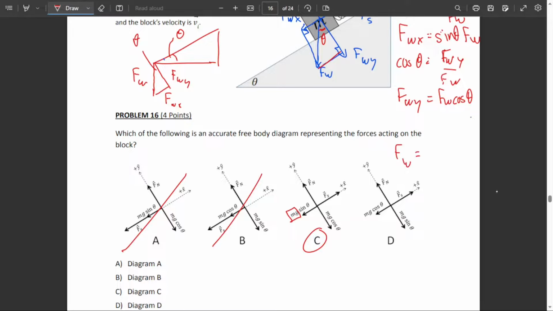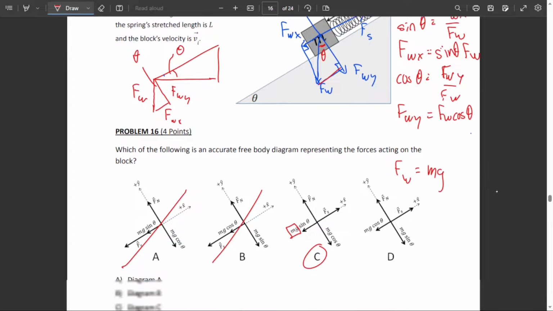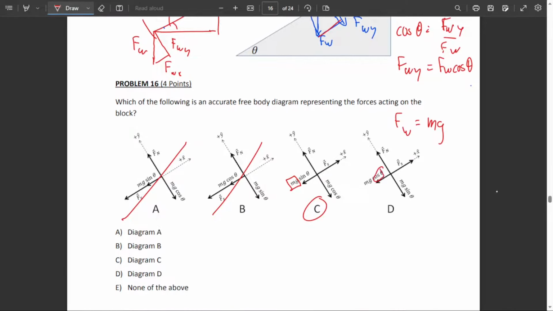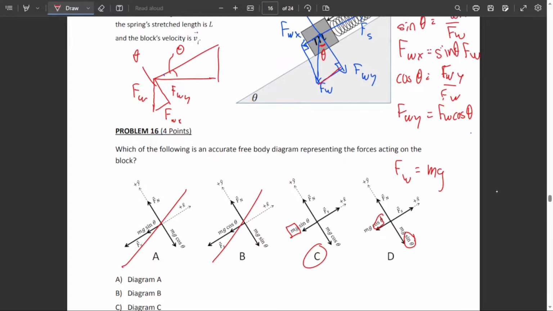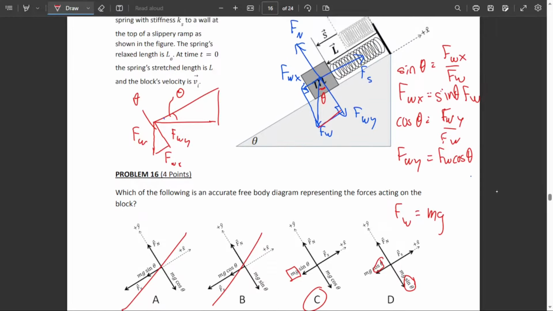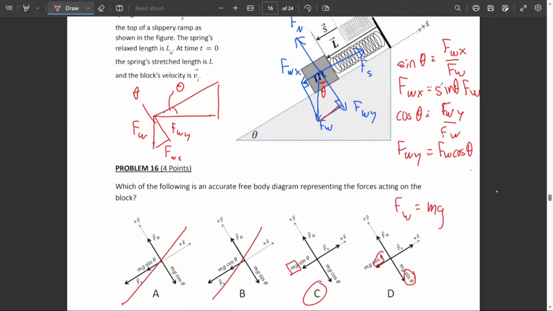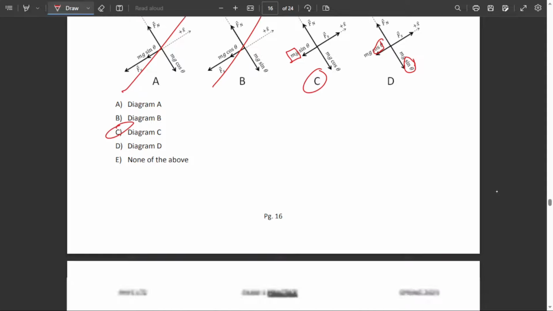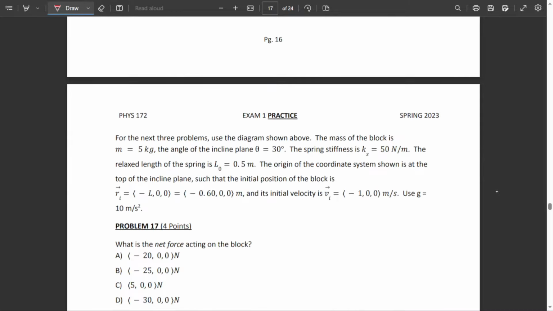You know, force of weight is mass times gravity. But other than that, it's the same thing as what we drew up. So C is correct. And then D is wrong because it has the cosines and the sines flipped. Sine of theta goes with FW of x. So, answer C.